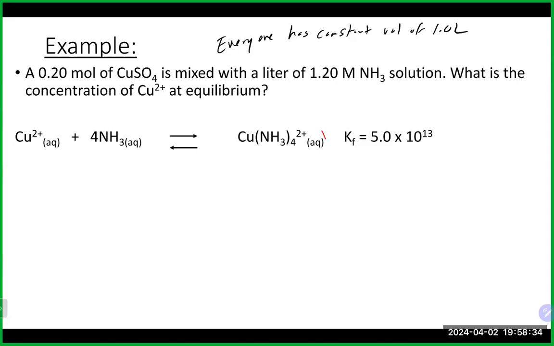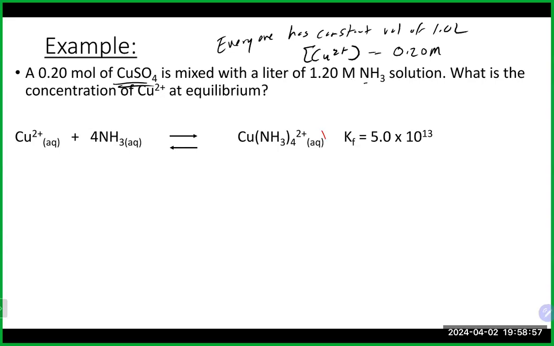So in this case, we're going to get the concentrations of our copper 2, and that is going to come from our copper 2 sulfate. And in this particular case, it's going to be 0.2 molar, as we're going to assume 1 liter. So 0.2 moles divided by 1 liter, and everybody's just going to be 1 liter. It's going to keep us at 0.2.